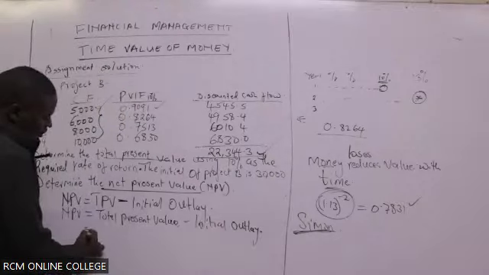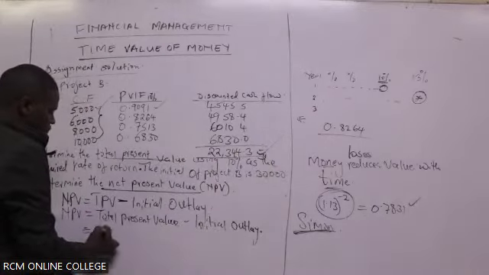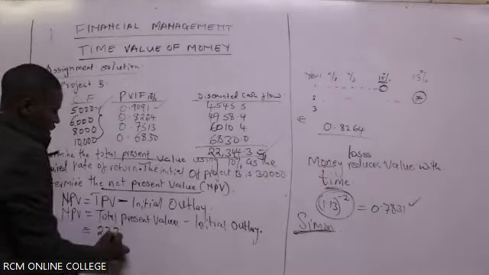Our total present value is 22,344.3 minus 30,000. Of course, this is smaller, so it will be negative 7655.7.